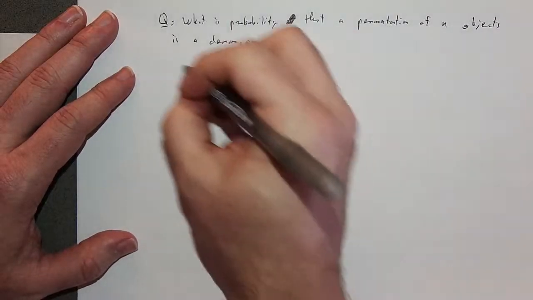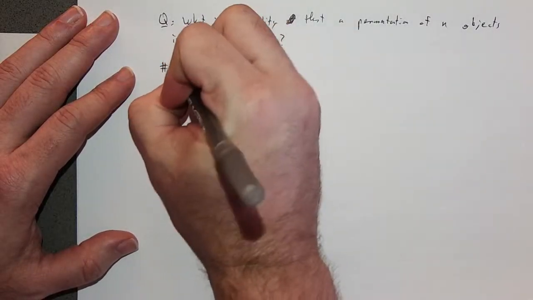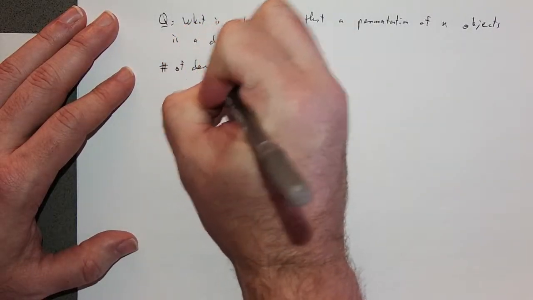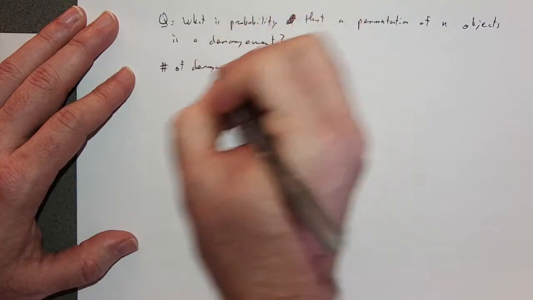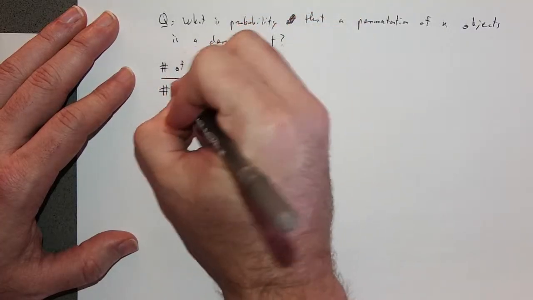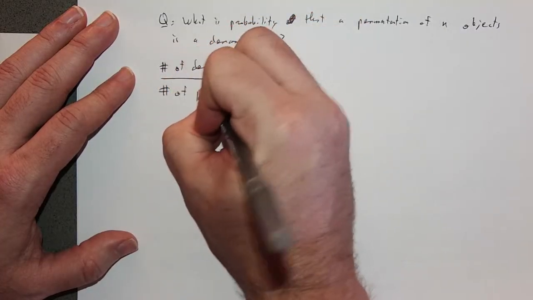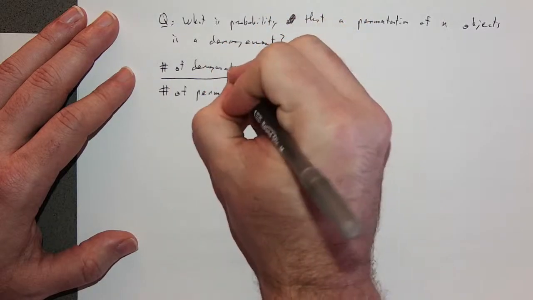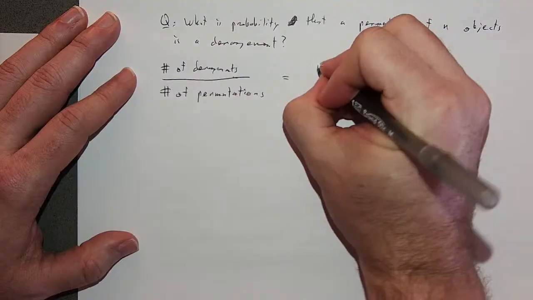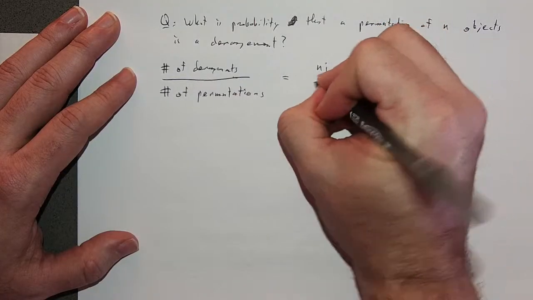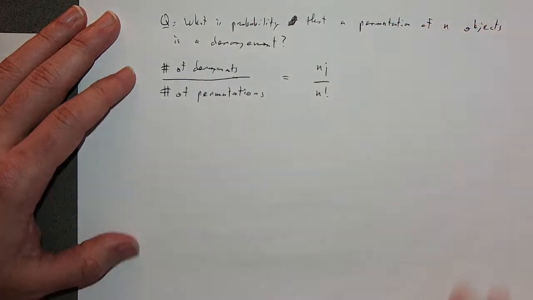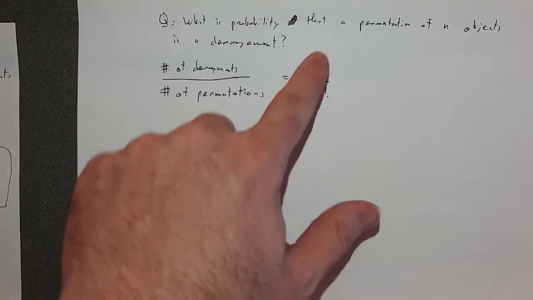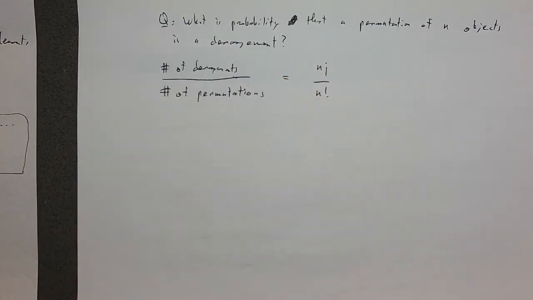Well, this would be the number of derangements over the number of permutations, but this is the number of derangements divided by n factorial.